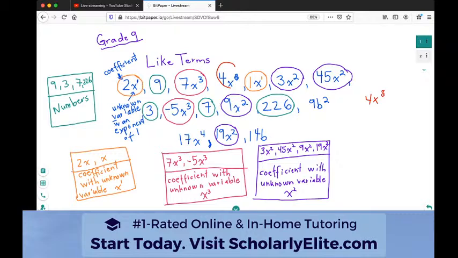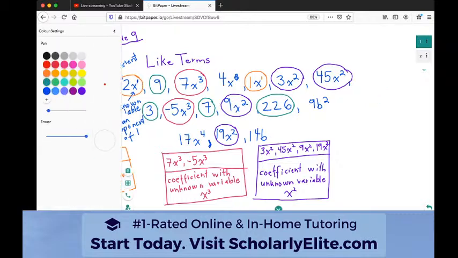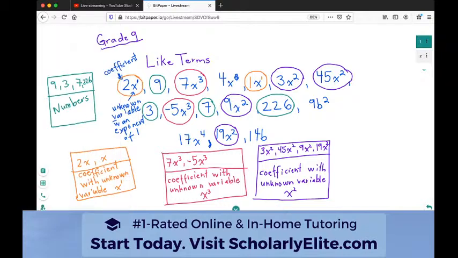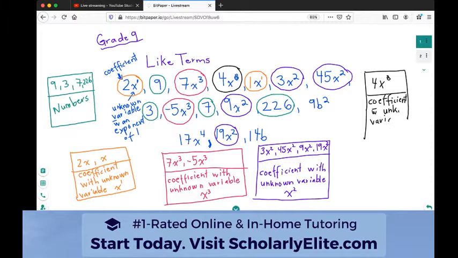That red is too similar to the pink that's right next to it, so I'm going to pick something else. Let's just use black. So 4x to the power of 8, that can be 4x to the power of 8 in its own box. And again, coefficient with unknown variable x to the power of 8.